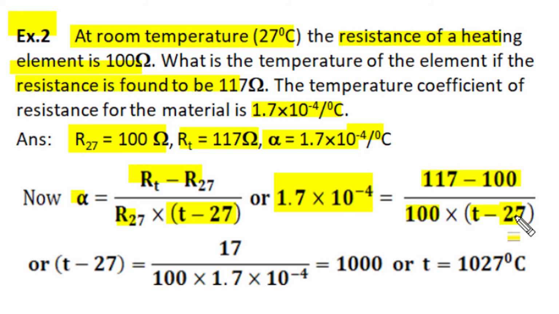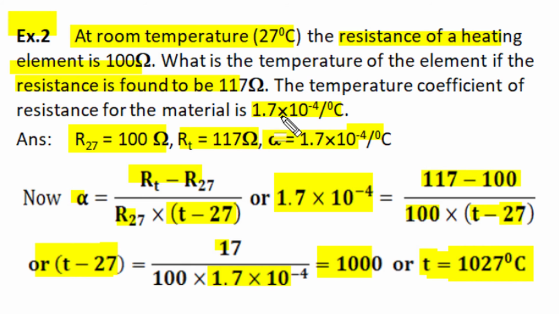So the difference of the two temperatures, T minus 27, is given as this difference 17, and when this side is shifted from numerator, it will go to the denominator side, and numeric simplification results in a change of temperature equal to 1000 degrees Celsius, and this will make the hot temperature 27 plus 1000, that is 1027 degrees Celsius.